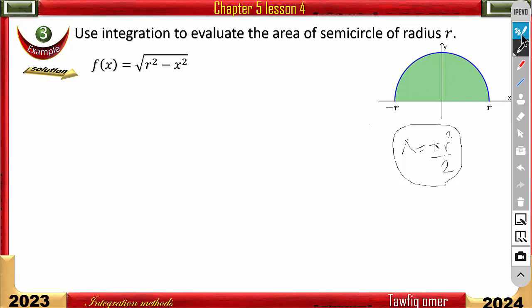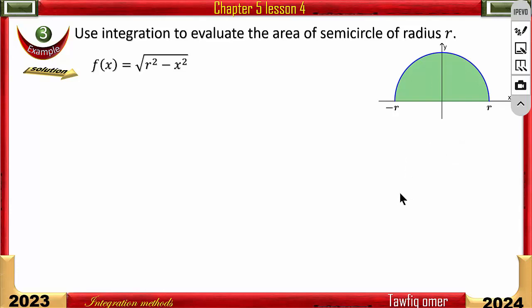To do that, we must first of all take this part and this part. That means take the integration from minus r to r. So area is equal to the integration from minus r to r of the square root of r squared minus x squared.